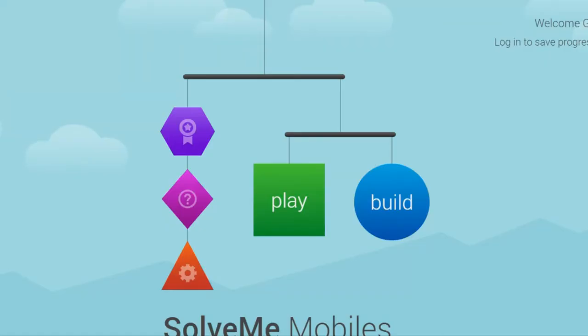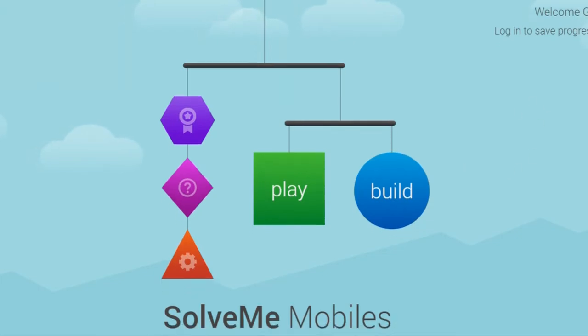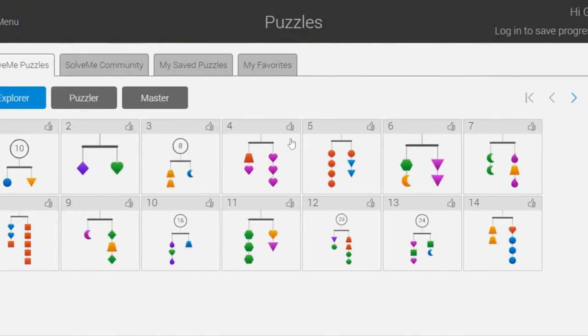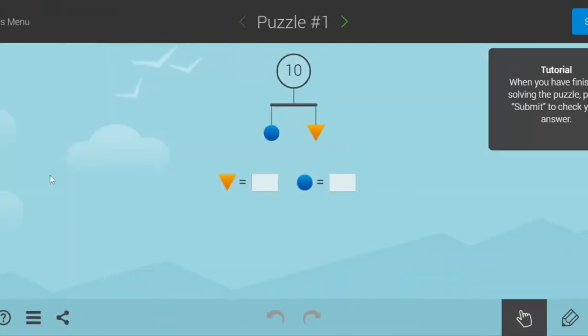And then another thing that we really need to work on at the elementary level so that the students do not struggle when they get to algebra is the idea of balancing equations. And we can work on that in a very simple way using the Solve Me mobiles. So what happens is you play, and then you have to determine what numbers to put in the boxes in order to balance the mobile.